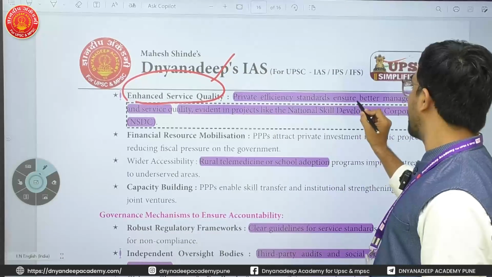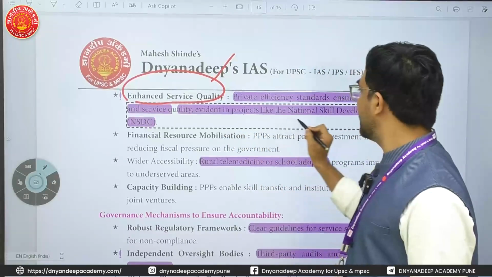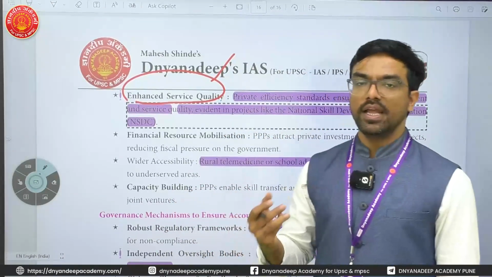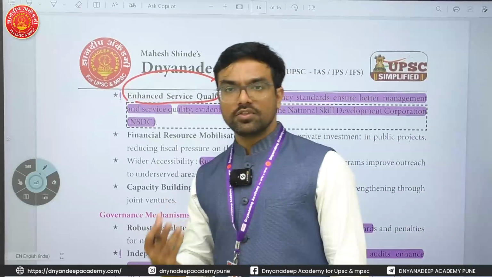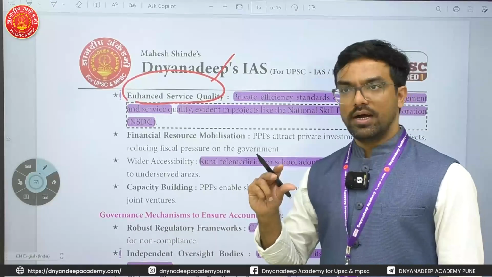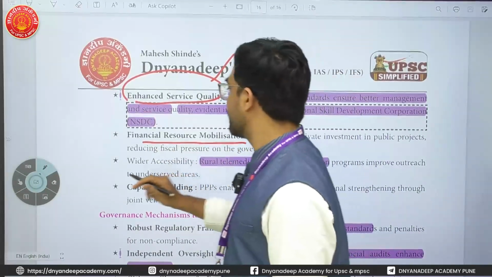Private efficiency standards ensure better management of resources, and we have seen projects like the National Skill Development Corporation of India, which has resulted in giving skill training to lakhs of people. This is also one of the advantages of public-private partnership. Financial resource mobilization, right?